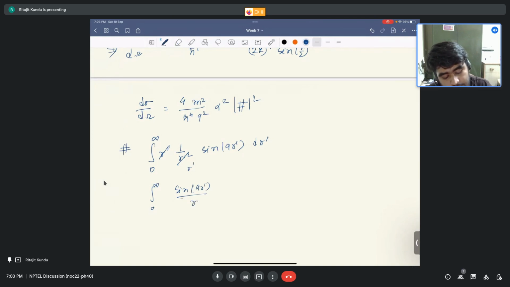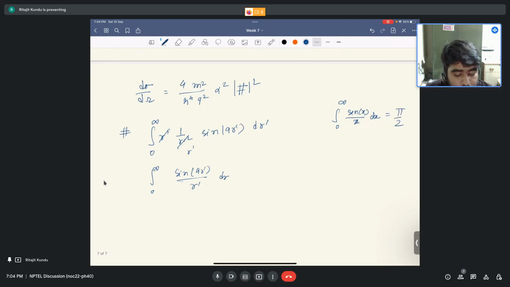So again, you can do this with contour integrations or complex analytical methods, but let me give you a simple identity to use. Let's say you have the integral of sin x over x ranging from 0 to infinity. The result of this is just π/2.